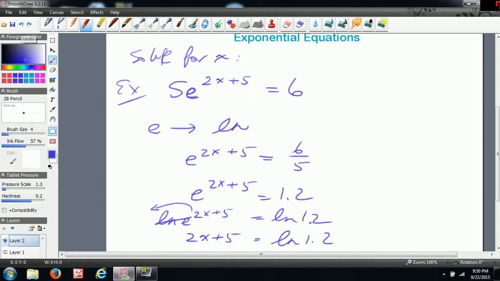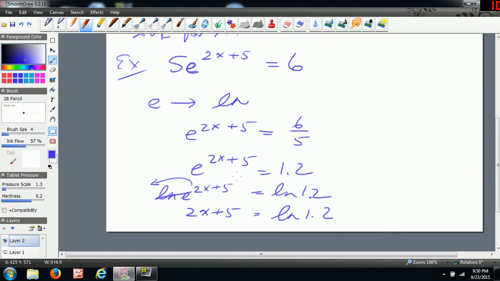So when I take the ln of e, this exponent comes down, and then ln of e is just equal to 1. Ln is log to the little base e.